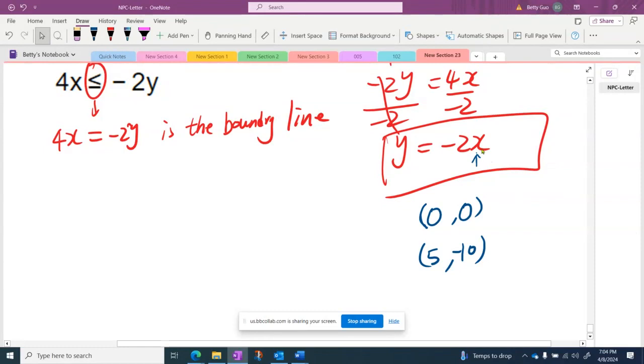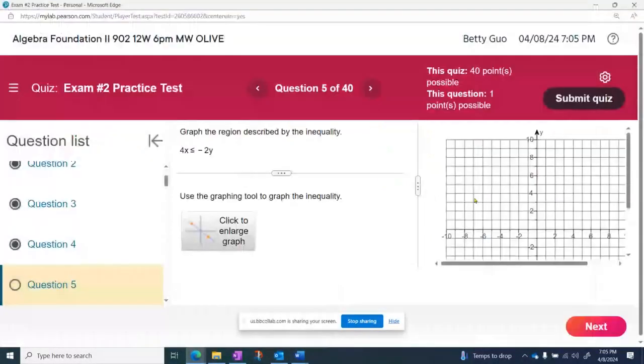For example, if you plug in x equals 1, then 1, -2 would be another good option. I choose those 2 points because I don't want them too close. I want them to have a certain distance. So let's remember the 2 points. We plot them in the rectangular coordinate system. Okay, I'm gonna click here.